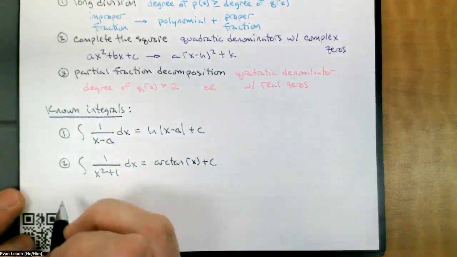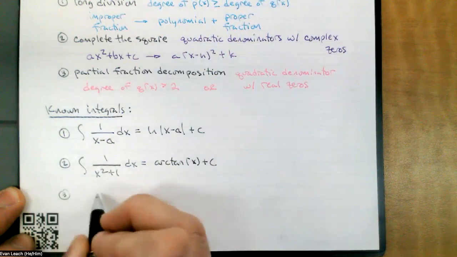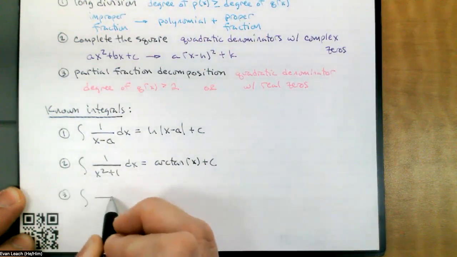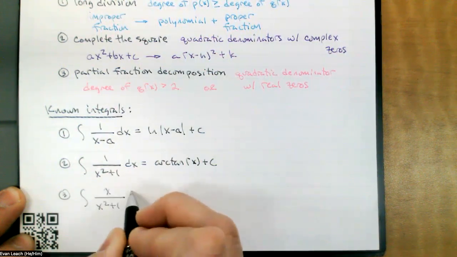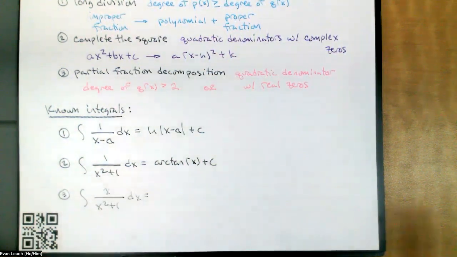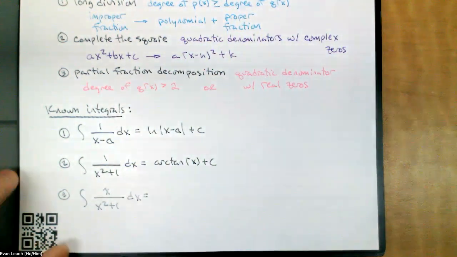And 3. The integral of x over x squared plus 1, this one's a substitution. This is going to be a 1/2 natural log x squared plus 1.